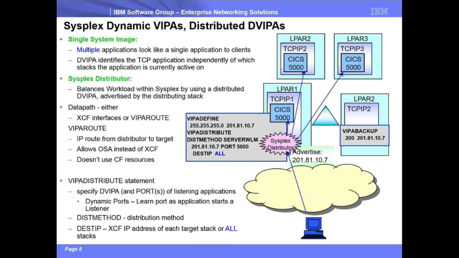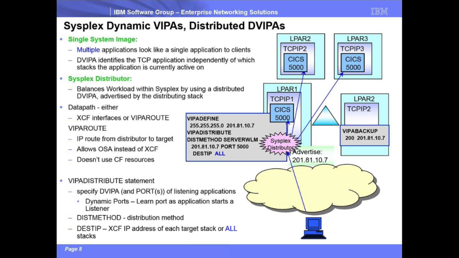On the VIPADISTRIBUTE statement, you can see we specify the DVIPA that we're distributing and the ports of the listening applications. We also have a feature called dynamic ports where the port can be left off, and that's used for outbound connections. In that case, as an application binds to the DVIPA and a specific port, the Sysplex Distributor would learn about that port.